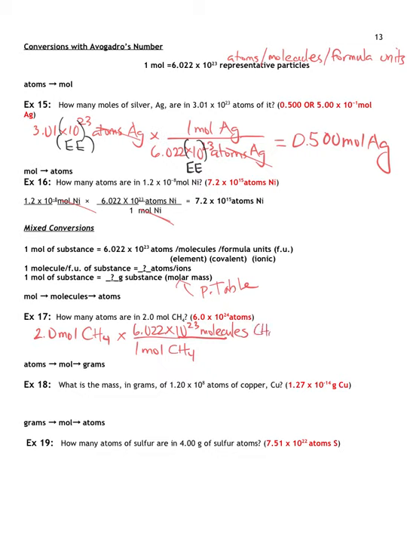So CH4. Now I'm going to convert the molecules of CH4 into atoms of CH4. So in a molecule of CH4, just look at this molecule. How many atoms do you see here? It looks like you see 5. 4 hydrogens and 1 carbon gives you a total of 5 atoms.